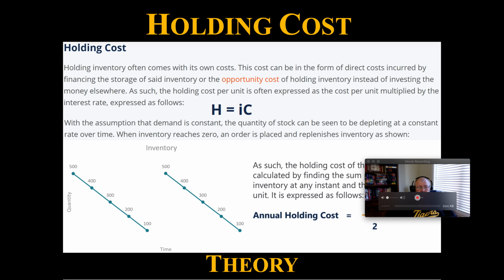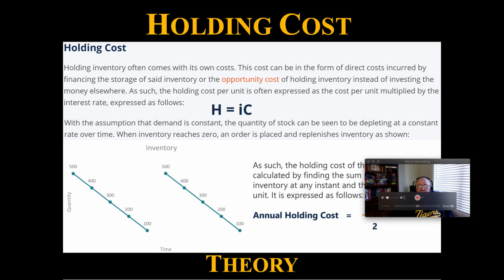But nevertheless, to illustrate, we're going to assume that demand is constant, so that the quantity of stock can be seen as depleting at a constant rate over time. That's the graph that you see in the lower left-hand corner here. And when inventory reaches zero, an order is placed so that you replenish the inventory. Now, we should also say, by the way, that usually we don't let inventory reach zero before we place our order. Why?